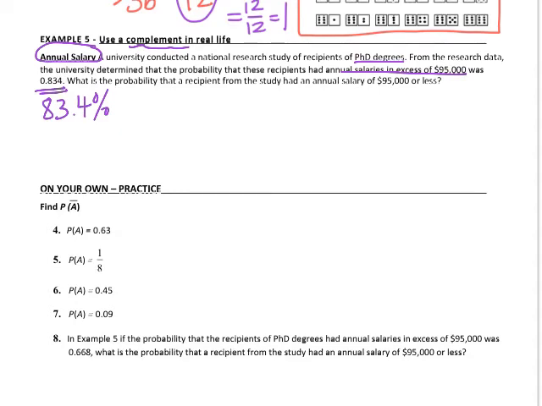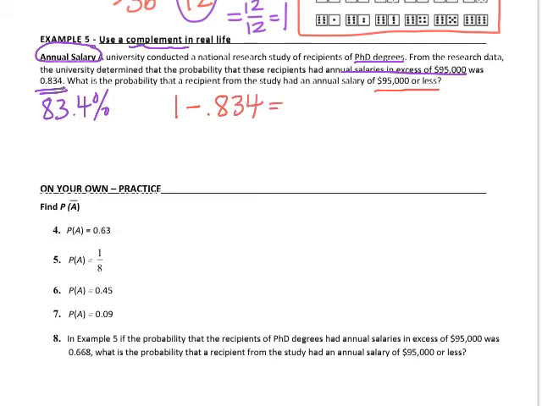So our question is, what is the probability from this study that an annual salary of a person who had a PhD is $95,000 or less? So I'm just going to take the number 1 and subtract my decimal, 0.834.